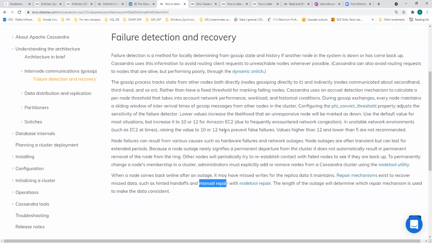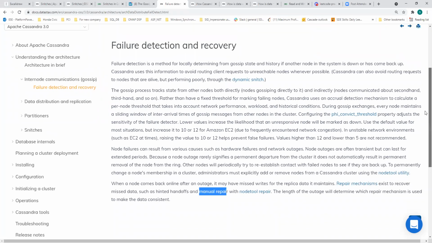That will have to be handled differently. You cannot just handle it based on the hinted handoff. That node has a different level of consistency, and the replication state is completely different. So you do either the manual repair or use some different tool. That is what I got from here.